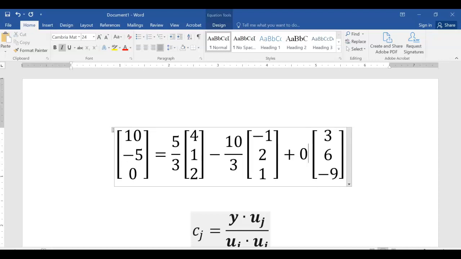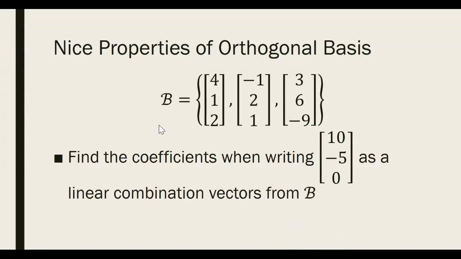What this is telling us is that my vector (10, -5, 0) is actually just a linear combination of these first two. Okay, so there we go. That's how we would write (10, -5, 0) as a linear combination of these three vectors.